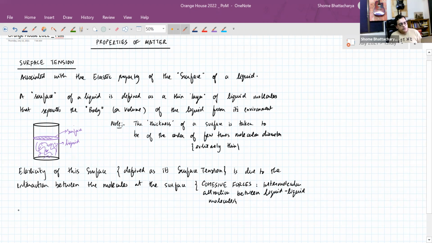So evidence of this elasticity comes from various things that we see in everyday life.